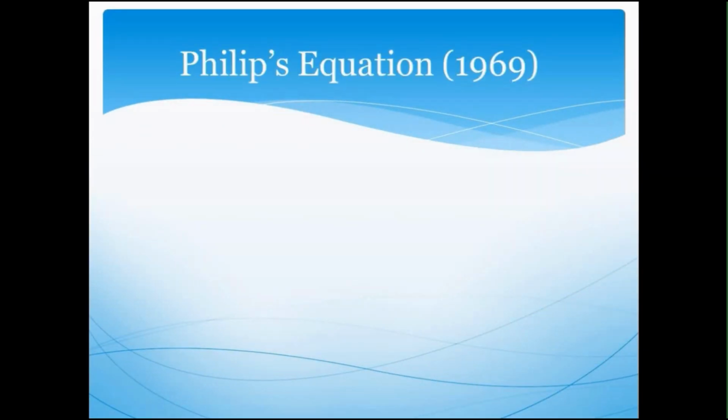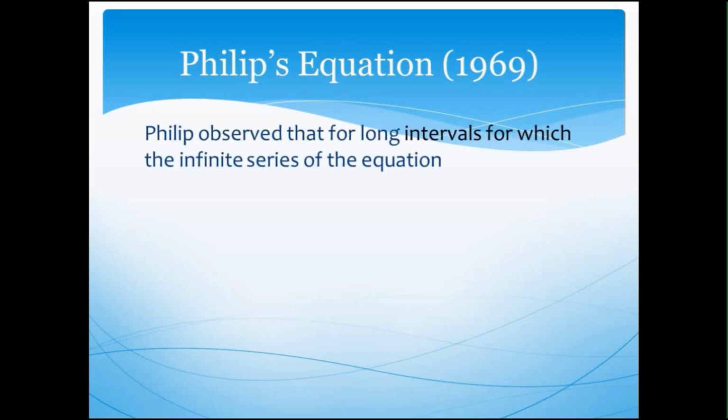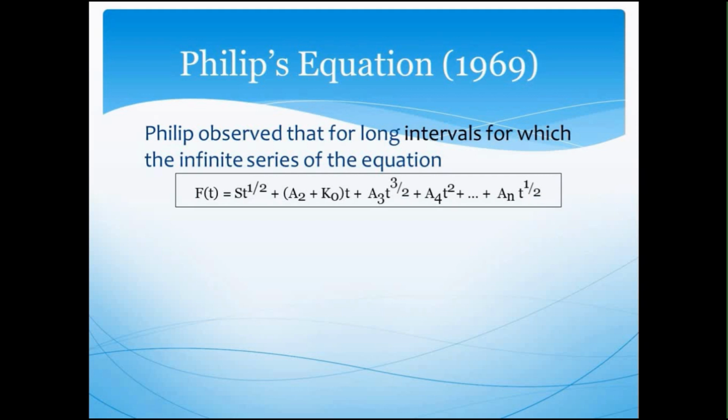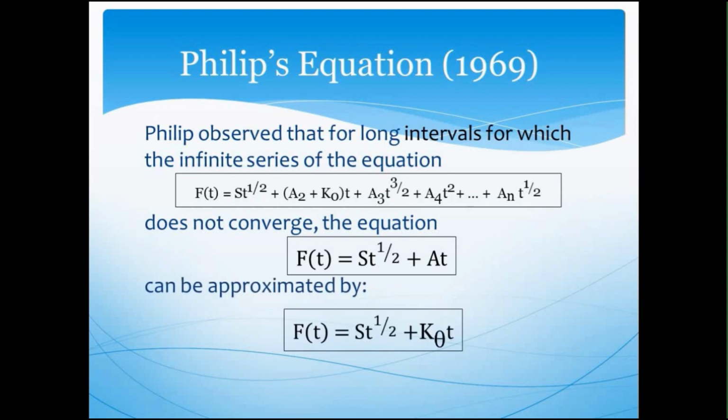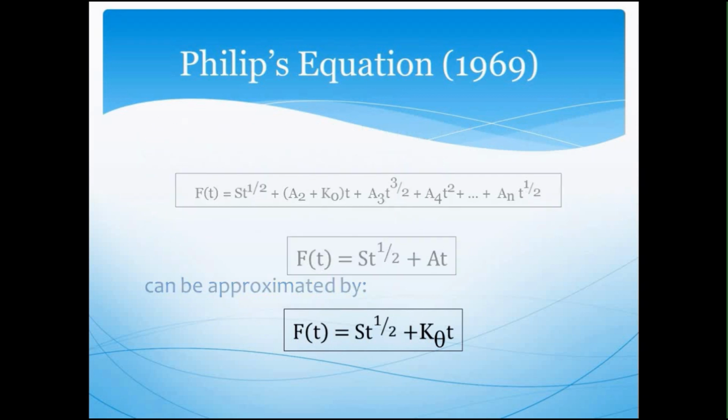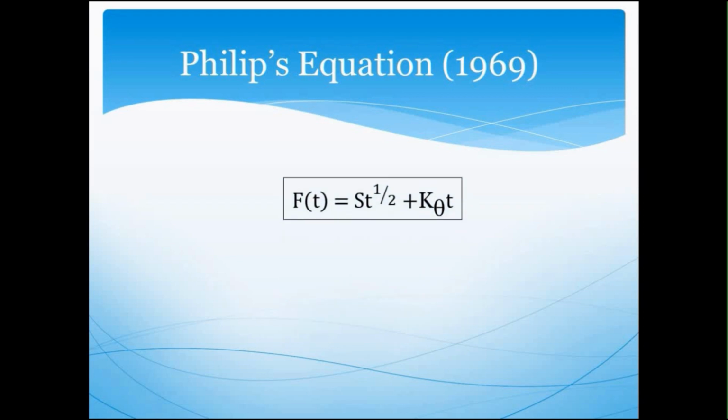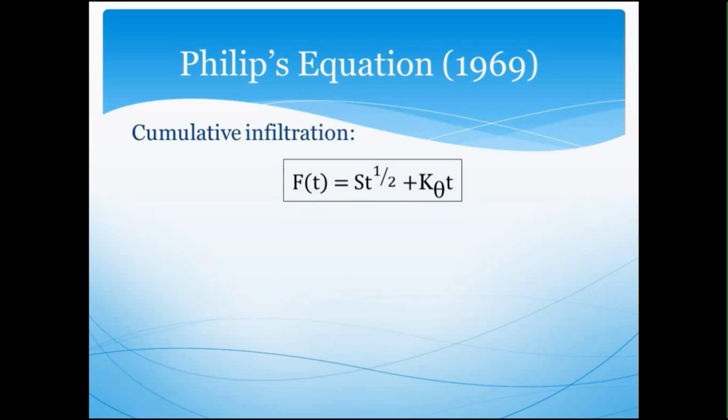In Phillips equation 1969, Philip observed that for long intervals for which the infinite series of this equation does not converge, this equation can be approximated by cumulative infiltration equals S times t raised to 1/2 plus K times t. Now this is the Phillips equation for cumulative infiltration. By differentiating that, we'll get the infiltration rate.